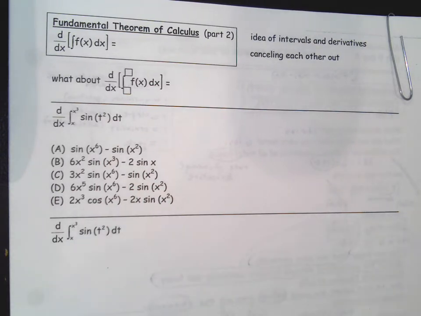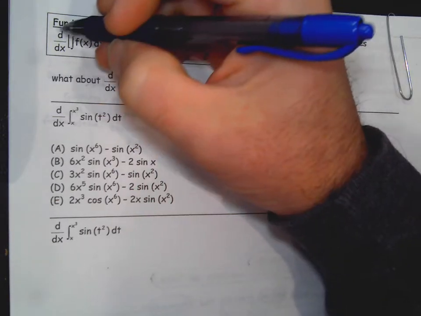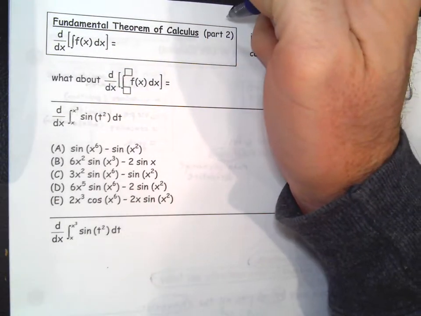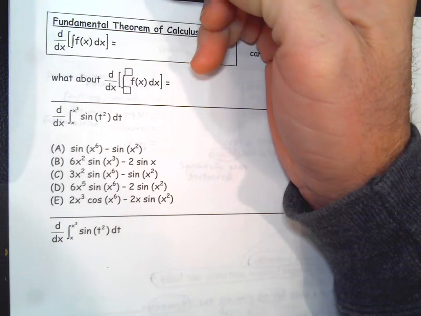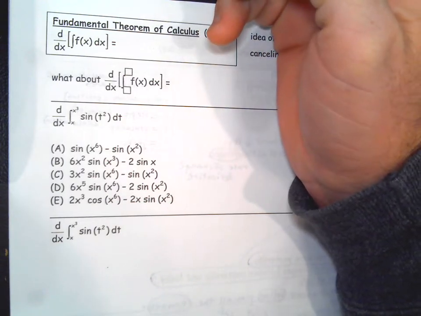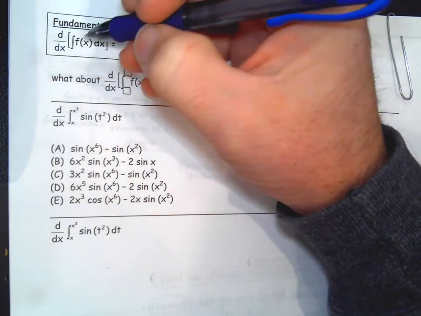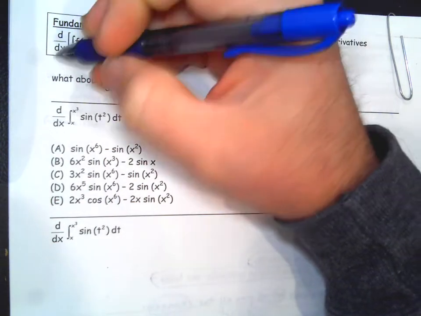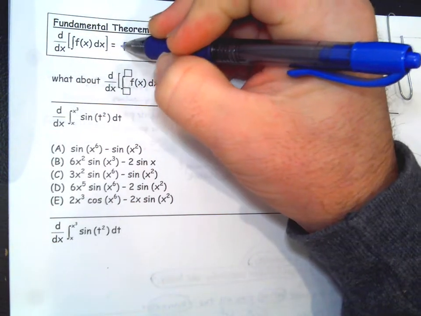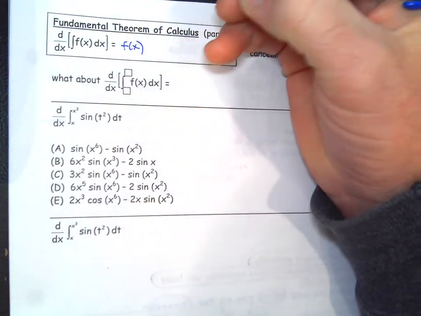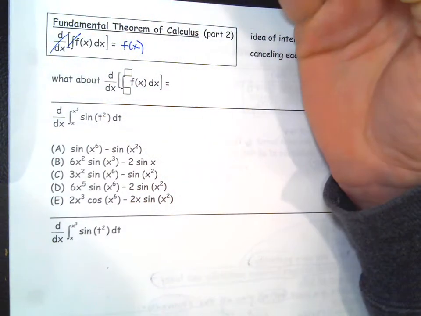Part 2 is the same exact idea, but the other way around. Fundamental theorem of calculus part 1 says if you integrate a derivative, it undoes it and you get the original function. This one says if you take the derivative of an integral, they undo each other and you get the original function, right? These cancel each other out essentially, just like the other way.